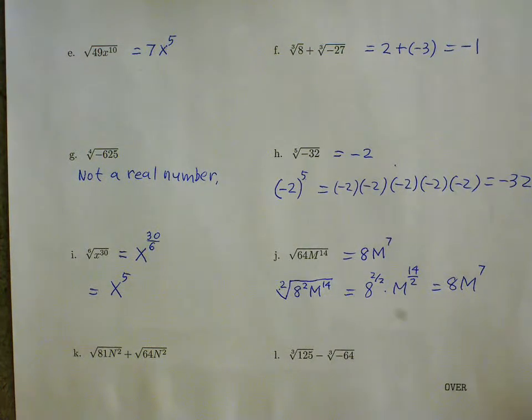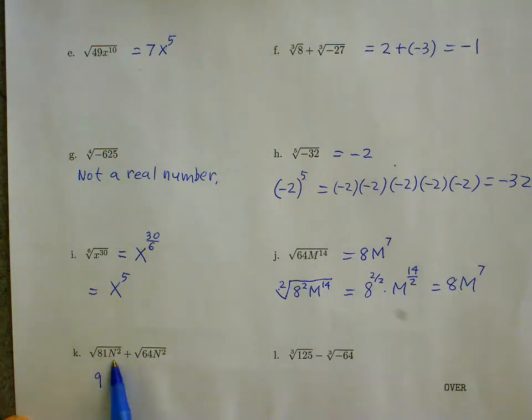Okay, simplify the following. The square root of 81n to the 2nd plus the square root of 64n to the 2nd. The square root of 81 is 9.